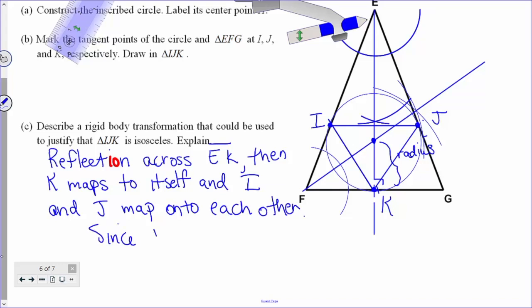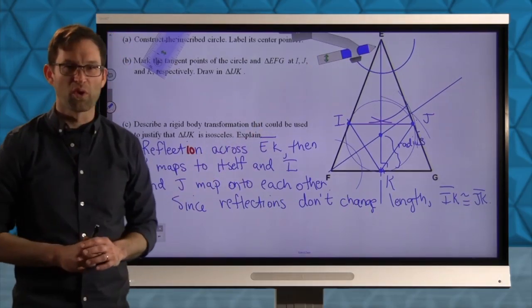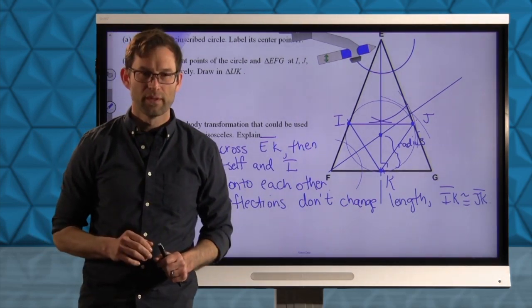Since reflections don't change distance, actually maybe I'll say length, don't change length, that means that IK must be congruent to JK. All right, a little rigid body motion work. We haven't seen that since Unit 2.